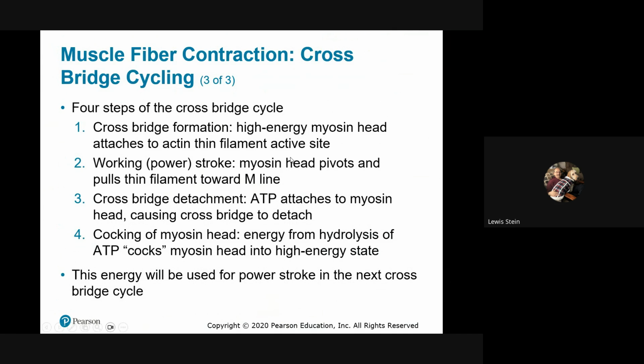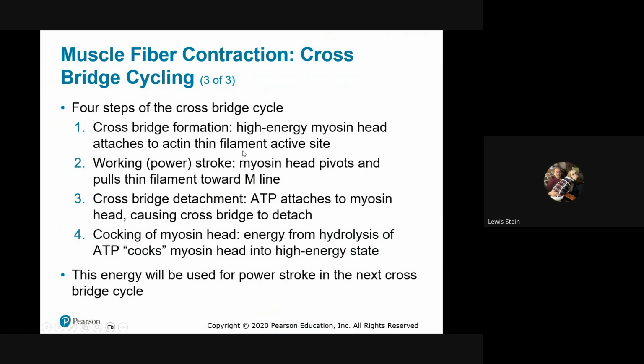Okay, and it attaches, power stroke, pivot, whatever you want to call it, pulls those thin filaments, the actin filaments, toward the midline. Okay. Additional ATP is then required to attach to the myosin head to cause it to detach and recock itself. Basically, those are the steps that you'll see for the power stroke, because it's ready for the next cycle. That's what happens here.